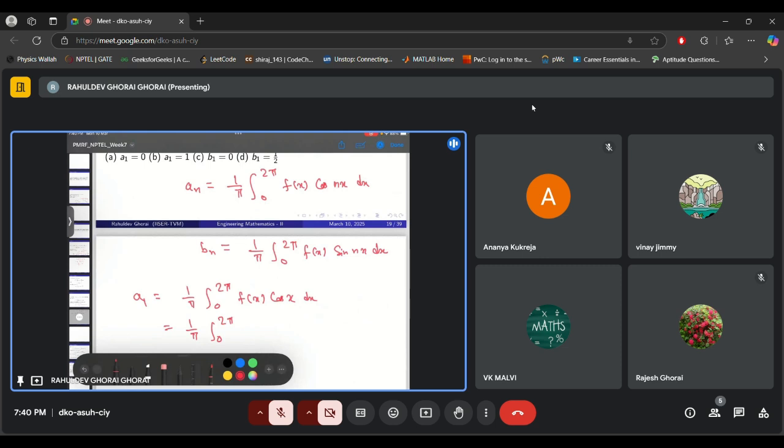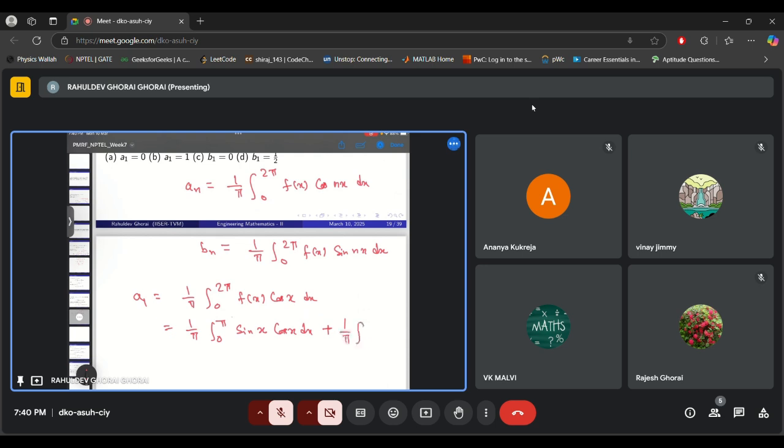So the integration I will make from 0 to pi and pi to 2 pi. That is sine x cos x dx, plus 1 by pi integration, not 0 to pi, sorry, the next one is pi to 2 pi, of 0 times cos x dx.